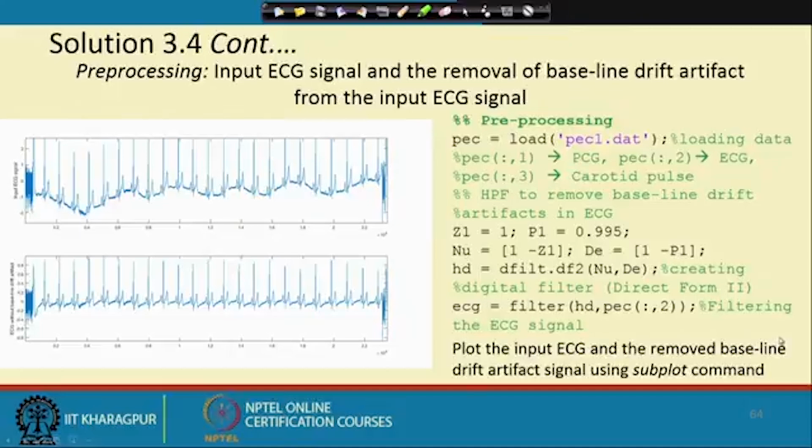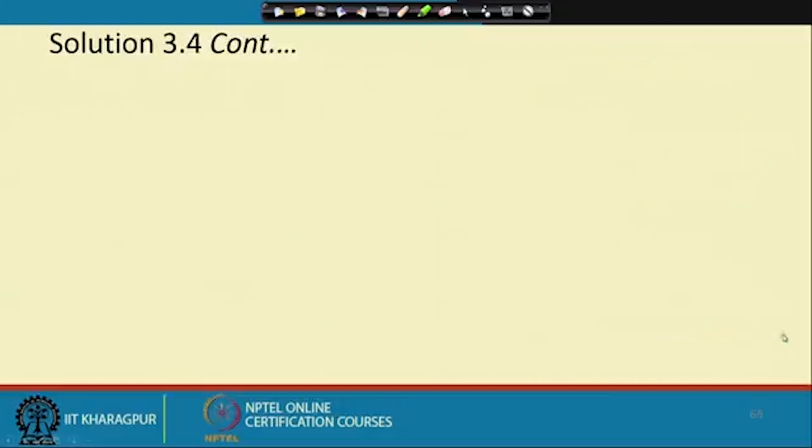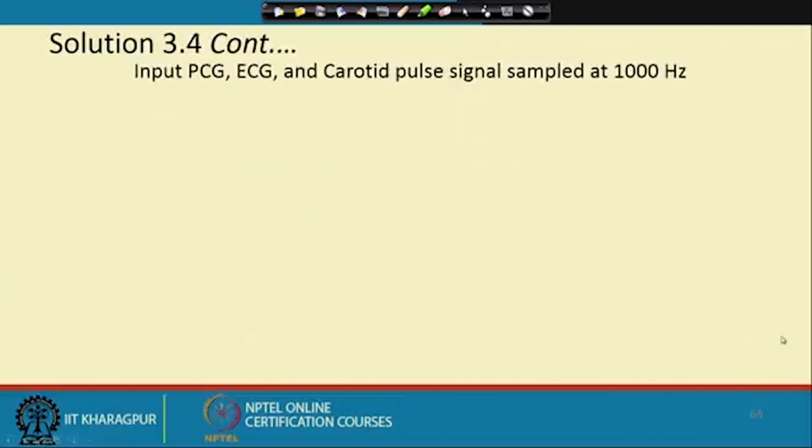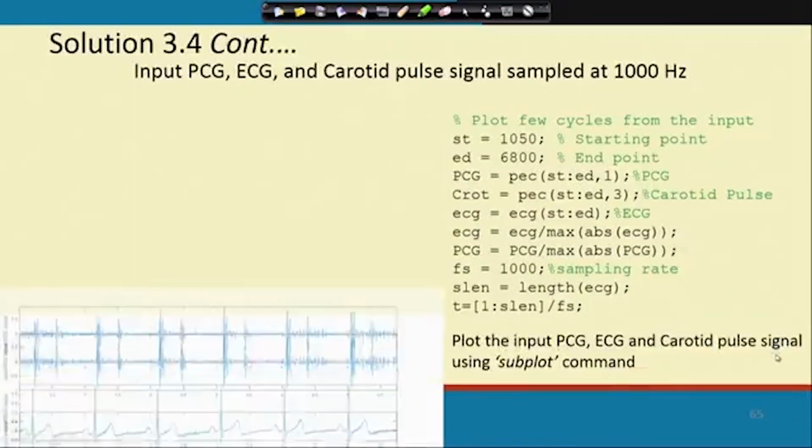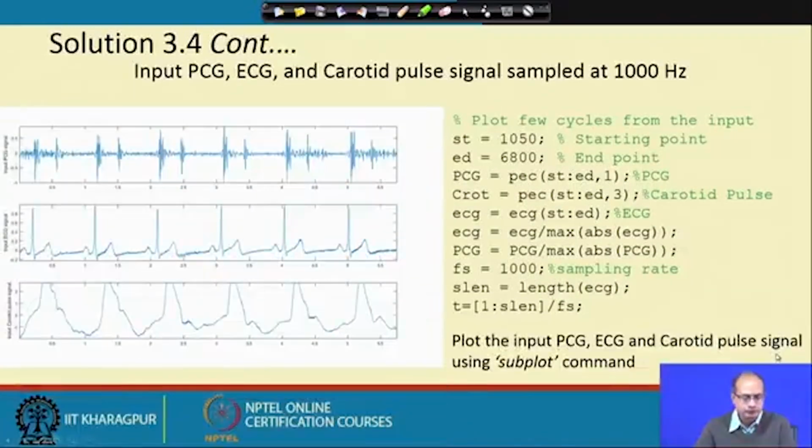Once the pre-processing is done, let us look at how we need to proceed. As a first part, we show all the three signals together. We read the PCG signal and plot them on the left hand side.